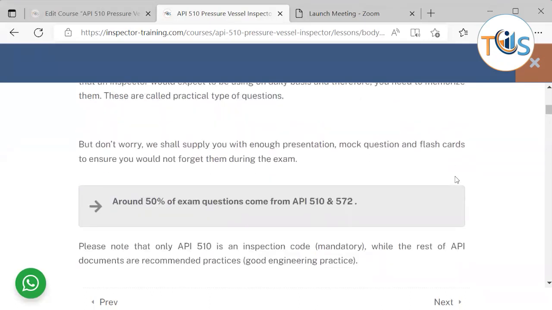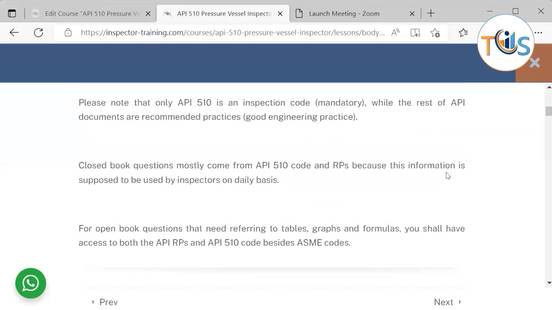Fifty percent of questions, as we said in the last module, come from 510 and 572. So these are the two most important documents that you have to study. And also please remember the difference between them. The API 510 code is an inspection code. It's mandatory. It tells you what to do, what not to do, what is allowed, what is not allowed.